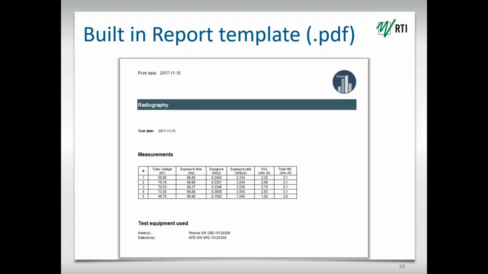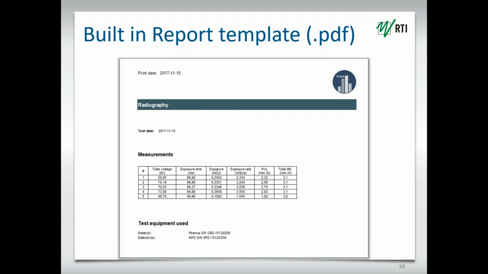There's a logotype at the top right corner that can, of course, be modified and changed to something more customized. You'll have a heading, date, and then just the measurements as they have been made during that sequence.